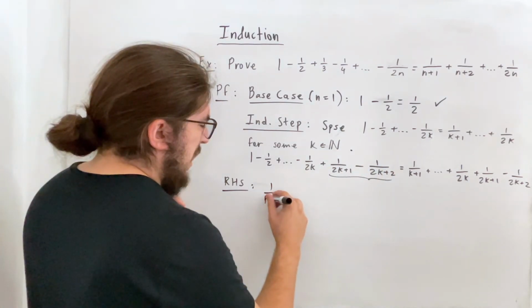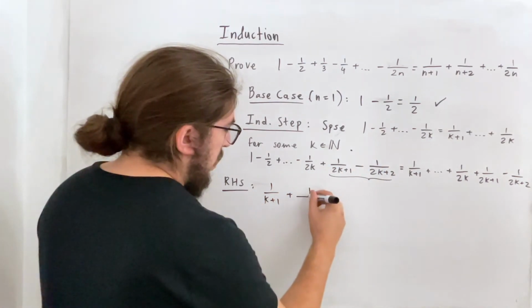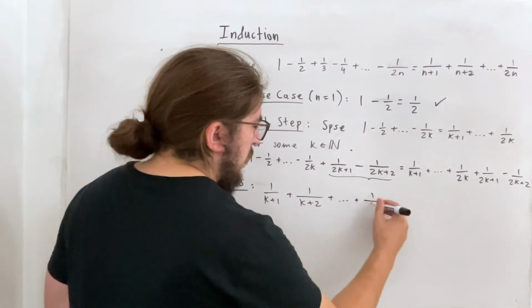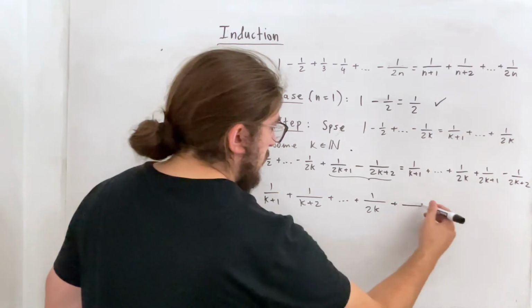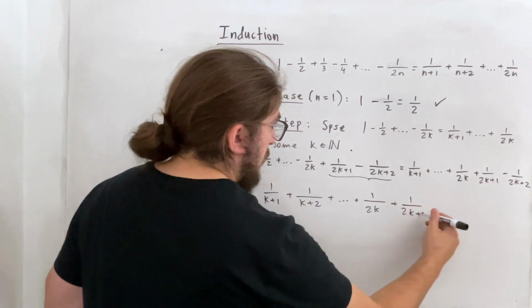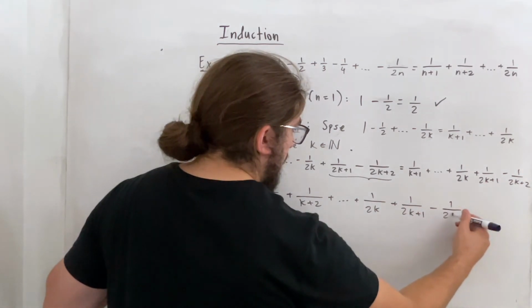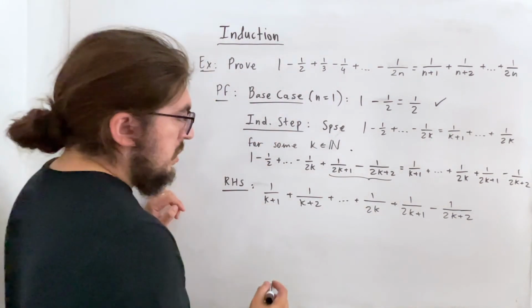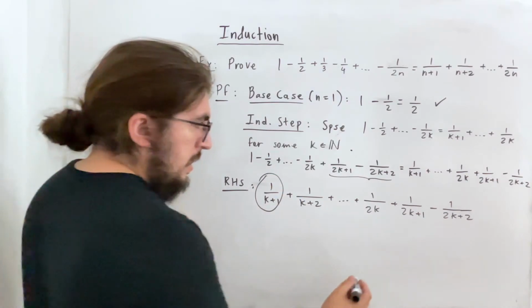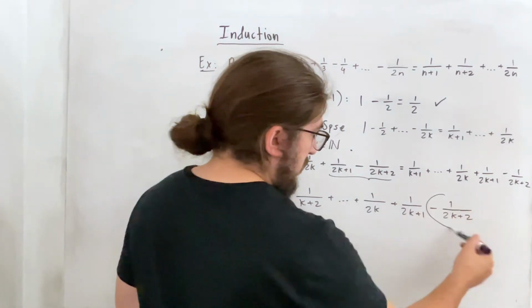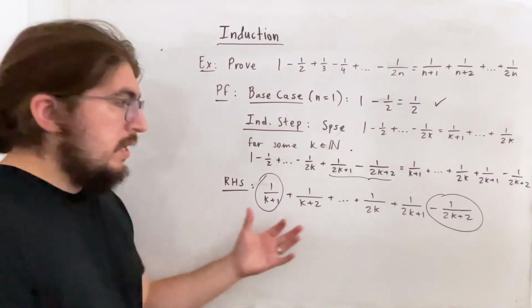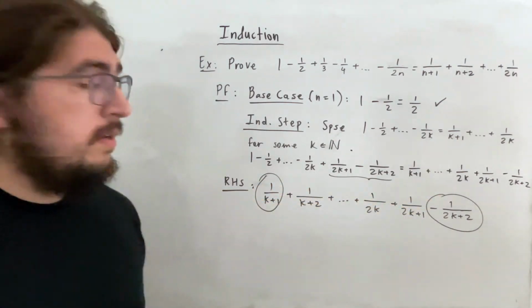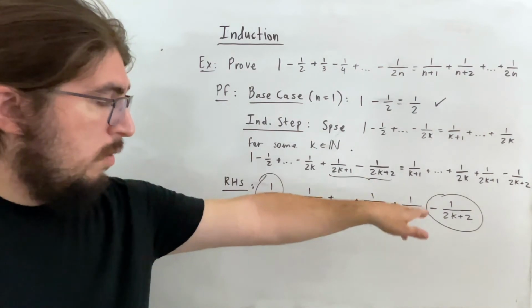It's 1 over k plus 1 plus 1 over k plus 2 plus all the way up to 1 over 2k plus 1 minus 1 over 2k plus 2. Now what I want to do is grab this guy and this one and hopefully replace them both with a positive 1 over 2k plus 2.